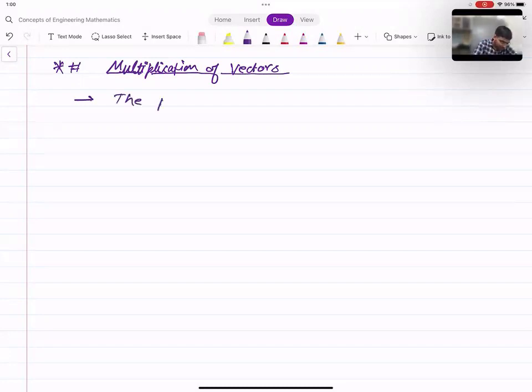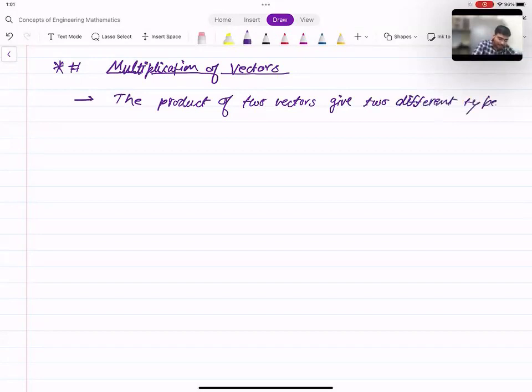The product of two vectors gives two different types of results.